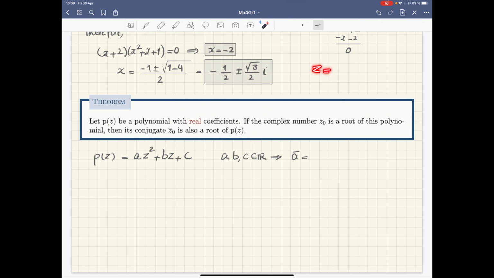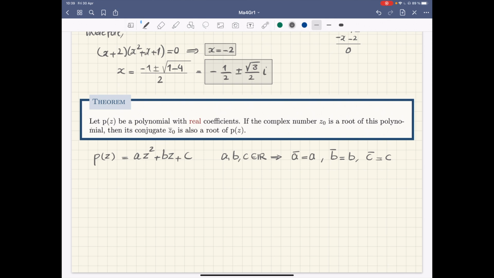If z is equal to a plus bi, if I ask you what the conjugate is, you keep the real part as it is and change the sign of the imaginary part. So what happens if I have a real number? It becomes itself. That is the crucial part. So A bar becomes itself, B bar becomes itself, and C bar also becomes itself.